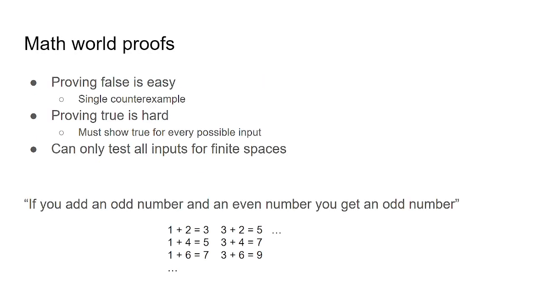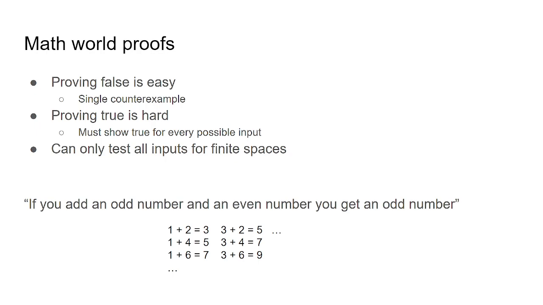So in the math world, there's a lot of different techniques to proving something to be true, and I'll just go over some big points. Proving something false is generally easy in the sense that all you have to do is show that there's a single counterexample, and then because that counterexample exists, you know that the statement is false.